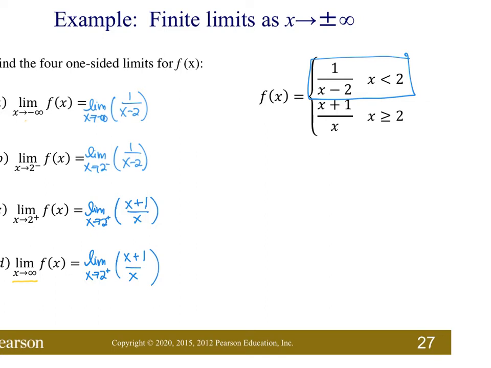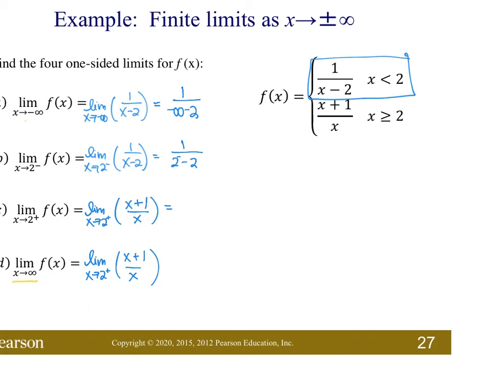So now we're going to drop our values in to all four and see what's going to happen. So in this equation, I will drop in negative infinity. So I'll want 1 over negative infinity minus 2. In this equation, I'm going to drop in 1 over 2 minus 2.